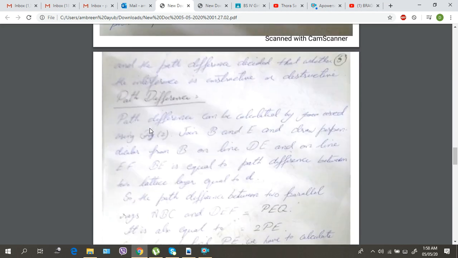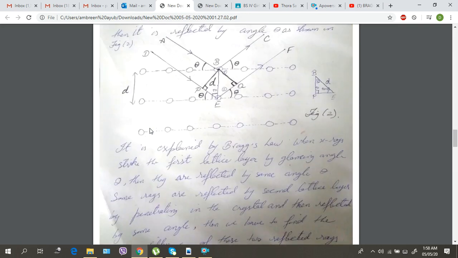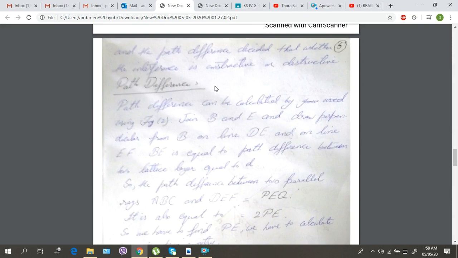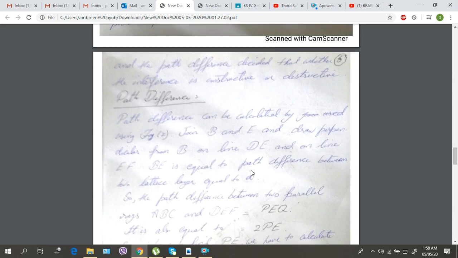Join B and E, and that BE is equal to d. Now, draw a perpendicular from B on line DE and on line EF. BE is equal to the distance between two lattice layers, and that is equal to d.